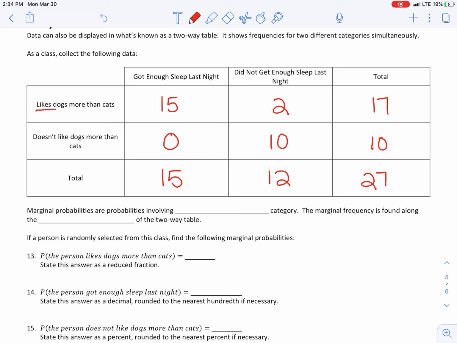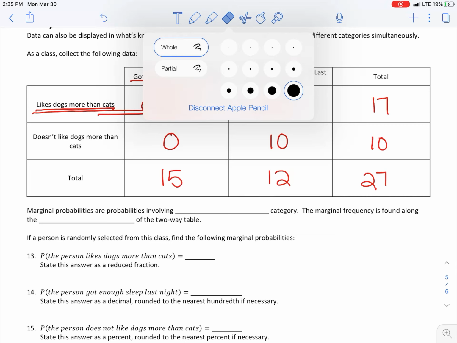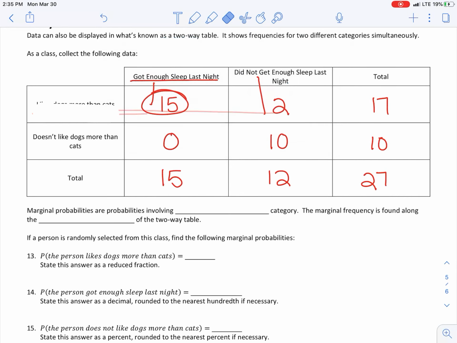So what this is actually telling us is that 15 people like dogs more than cats and got enough sleep. You follow your rows and your columns until you get to this number. Like this 2 would say 2 people like dogs more than cats and did not get enough sleep last night. Okay, so that's kind of the gist of a two-way table.